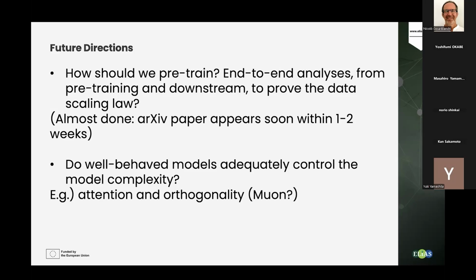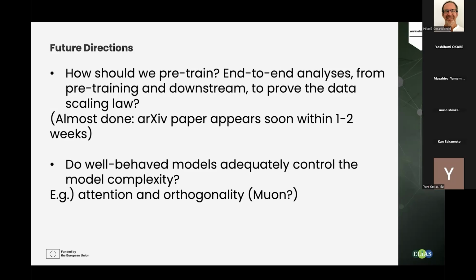Another question might be, will the model adequately control the model complexity in the pre-training stage? Like attention is some kind of controlling complexity by introducing sparse structure, and also orthogonality, like Muon, introduces some kind of automatic complexity adjustment.